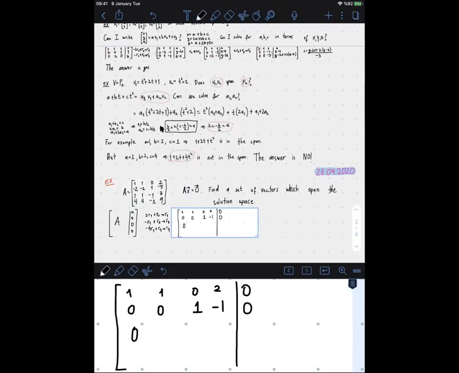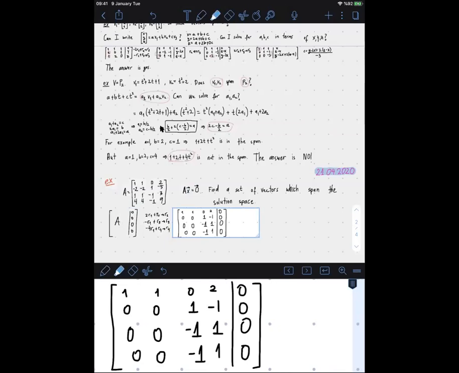Then 0, 0, -1, and I multiply by -1, so this is 1, 0, 0. Then 0, -1, and this is 1, 0. So we get our first leading one, and this will be our second leading one.